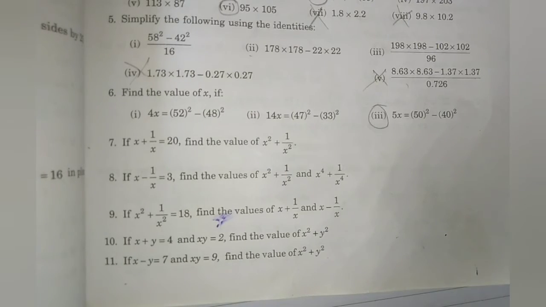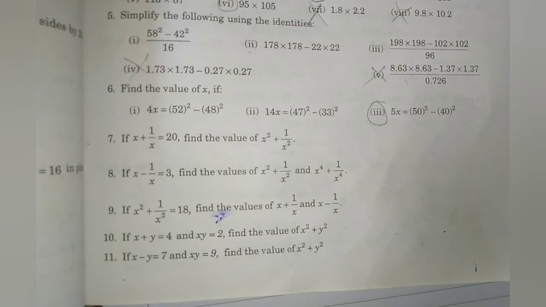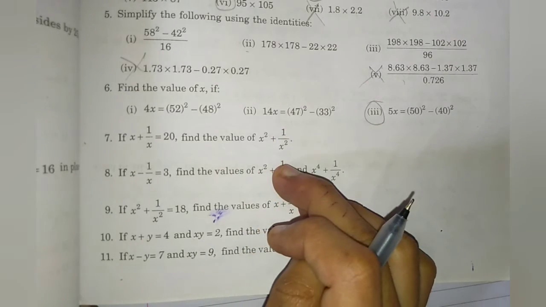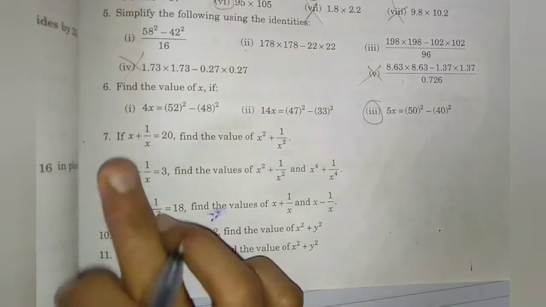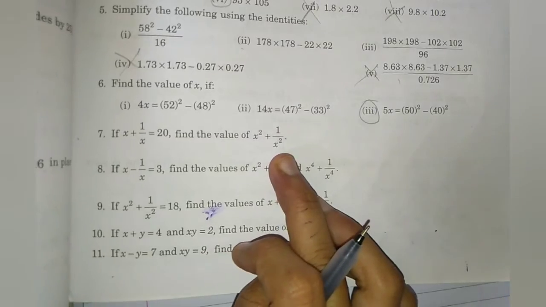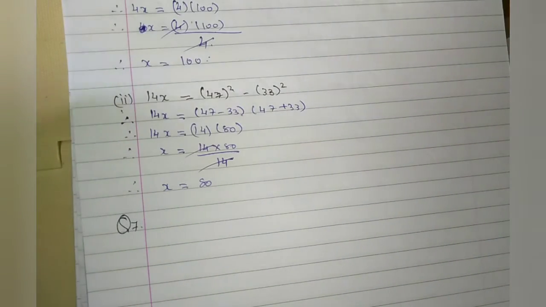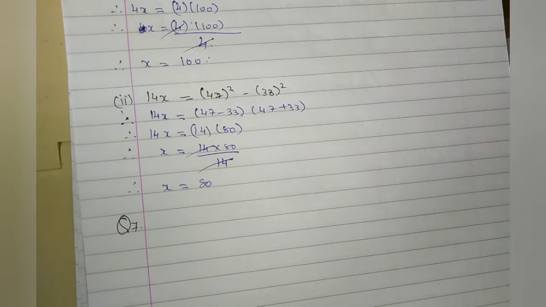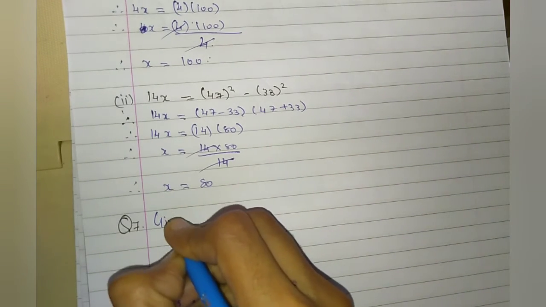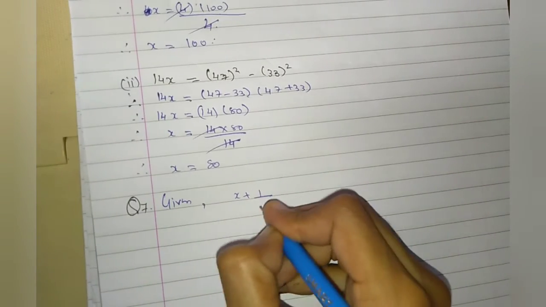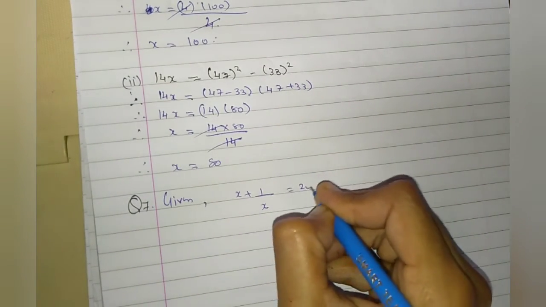Question number 7. If x plus 1 upon x equal to 20, find the value of x square plus 1 upon x square. Now this is given, and we have to find the value of this. So we will write question number 7: x plus 1 upon x equal to 20.